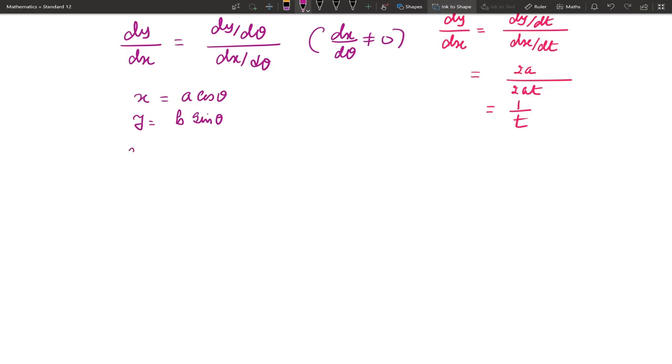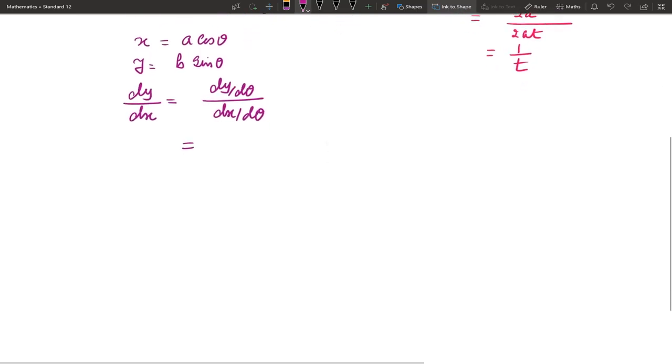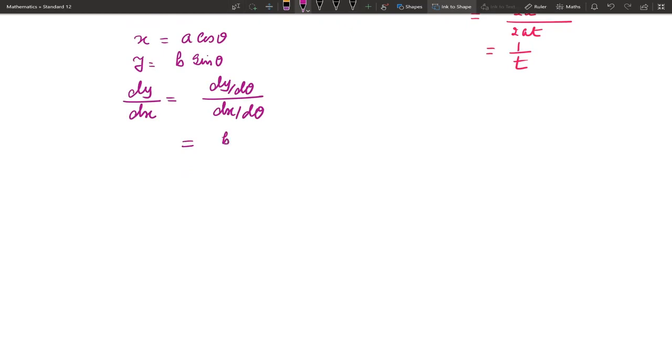So in this case, dy by dx can be obtained as dy by d theta upon dx by d theta. So derivative of y with respect to theta, b cos theta.